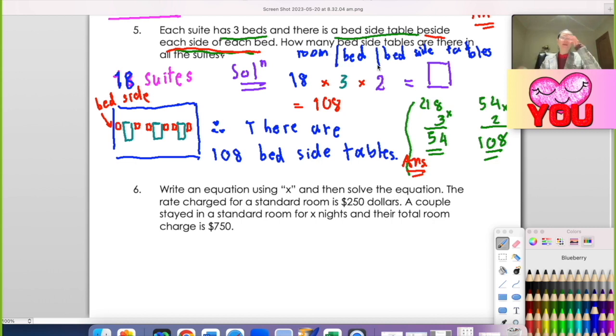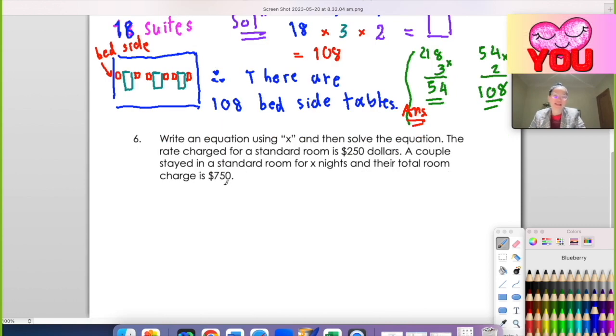So you multiply the number of rooms, 18, by 3, the number of beds. And then you multiply by 2, because one bed has 2 sides and each side has a bedside table. That's it. Okay, Grace, take a deep breath. Are you still okay? It's a little bit complicated.